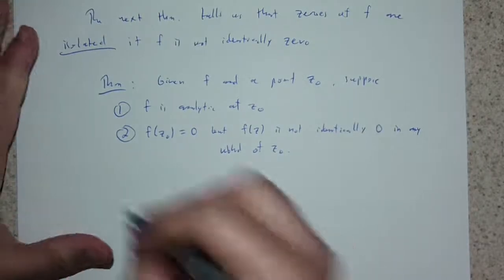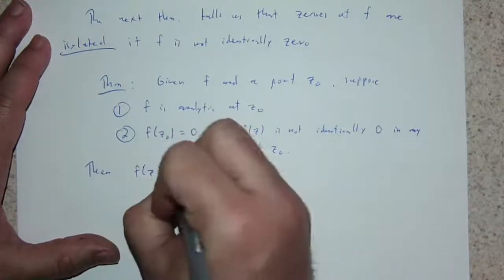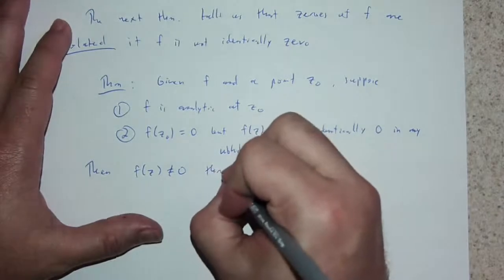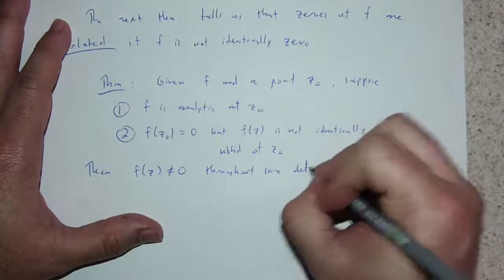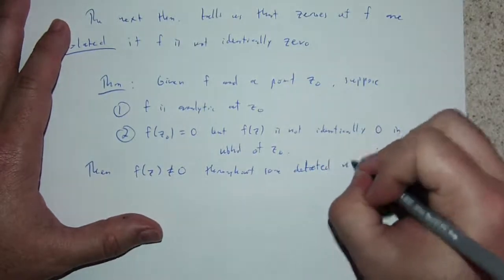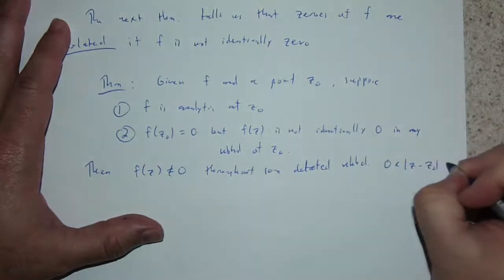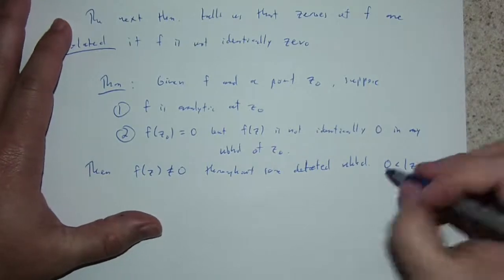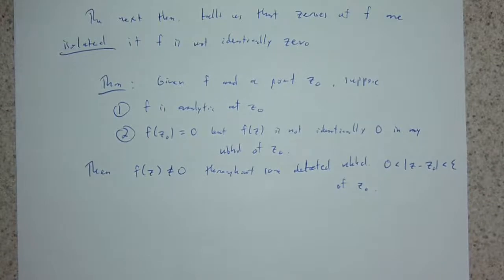Then f of z is non-zero throughout some deleted neighborhood, we'll make it epsilon here, the radius of z0. So locally, in some deleted neighborhood here, this thing is non-zero.